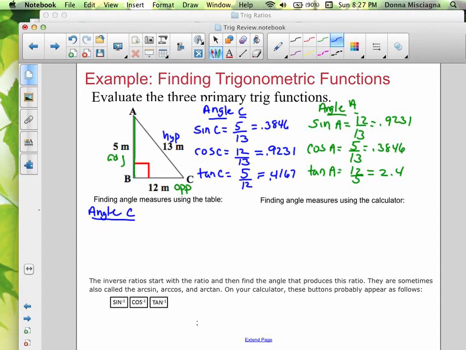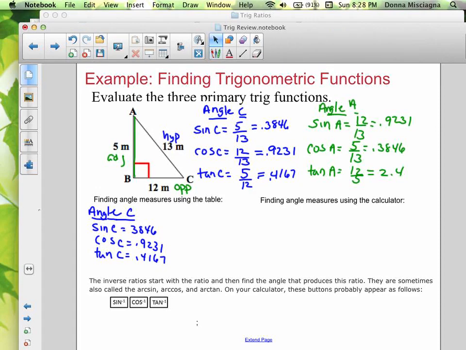Angle C had a sine ratio, and I'm just going to write the decimal, of 0.3846, and a cosine ratio, oh, sorry, I forgot to put in the C. You've got to take the sine of something and the cosine of something. And a tangent ratio of 0.4167.